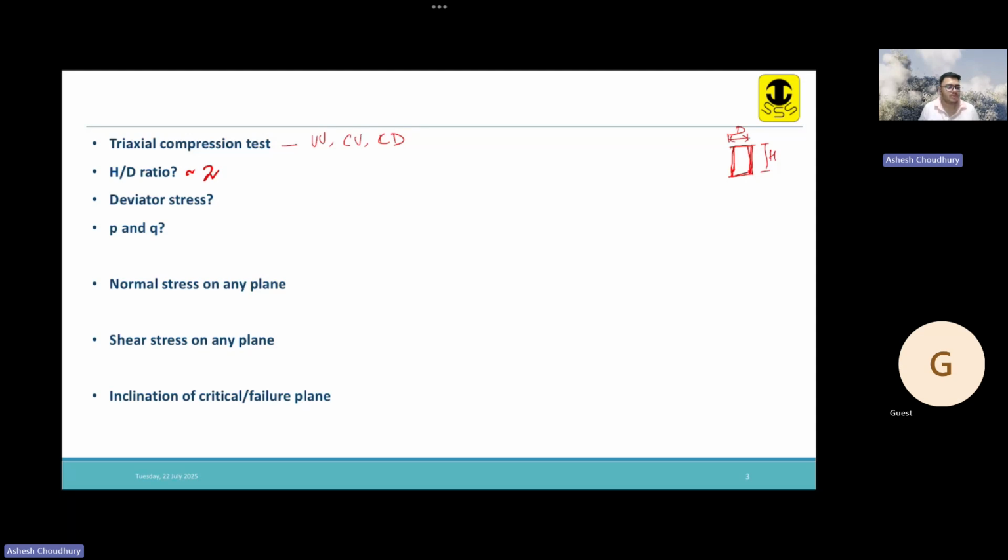In a triaxial sample, what we do initially is apply some confining stress throughout, which is nothing but our minor principal stress. After that, we apply the deviatoric stress.